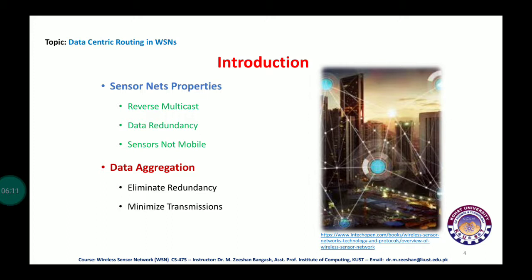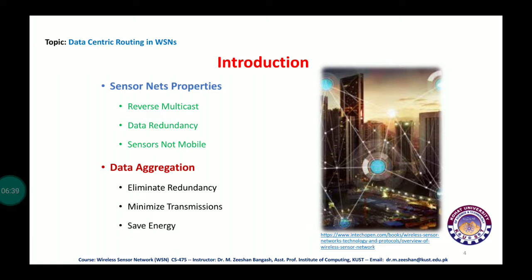So we can reduce the power consumption using data aggregation, because data aggregation helps in minimizing the transmission. These are some of the data-centric routing properties in WSN that need to be considered while communicating in a wireless sensor network.